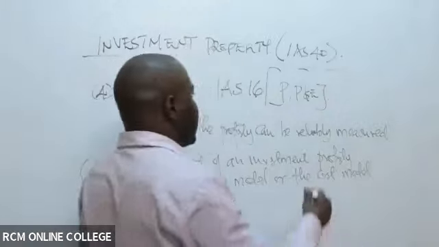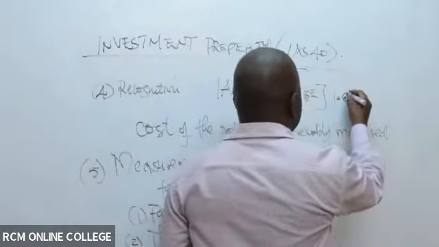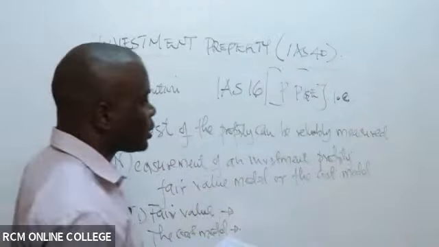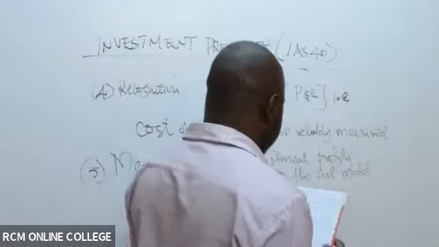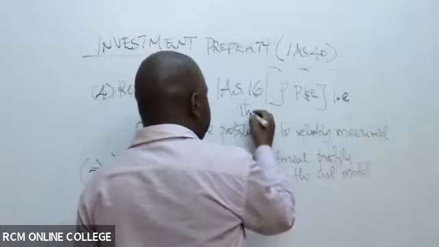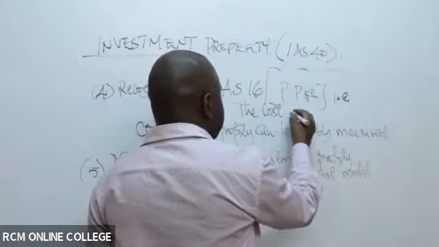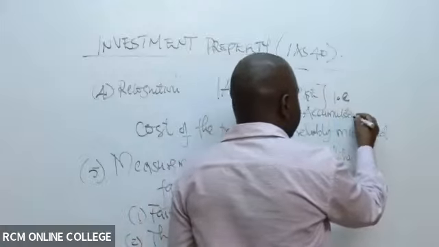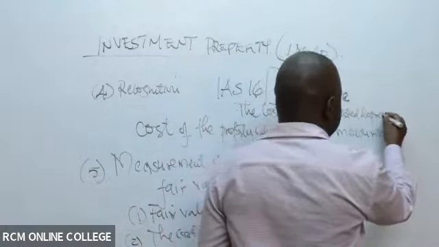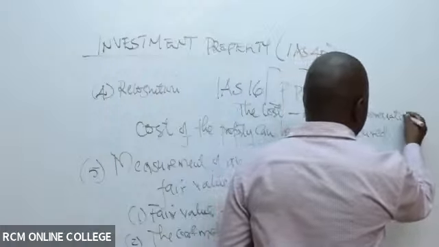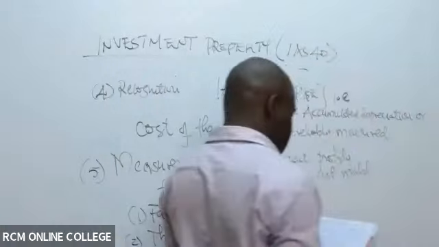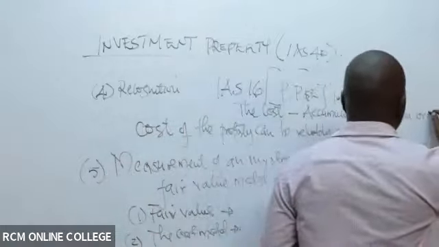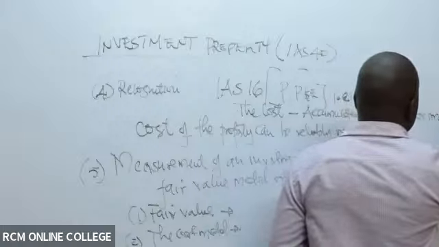What do you mean by this, i.e.? The cost less accumulated depreciation, i.e. the cost of these assets, less accumulated depreciation or impairment loss.